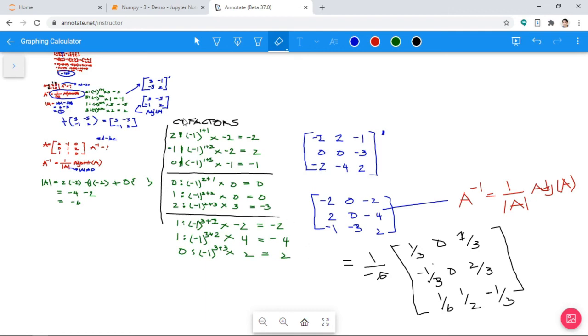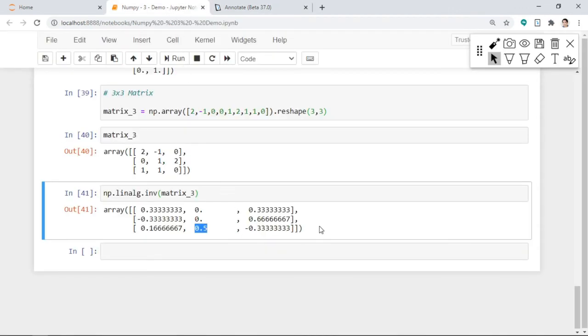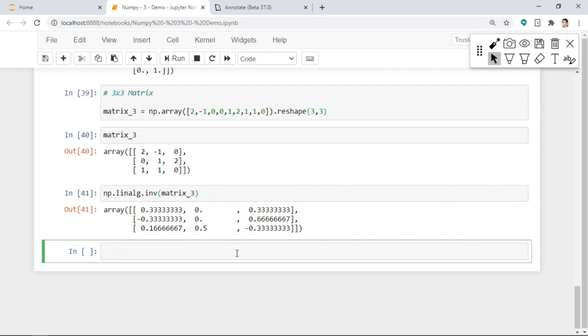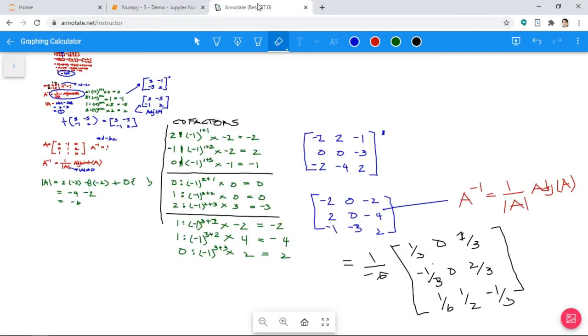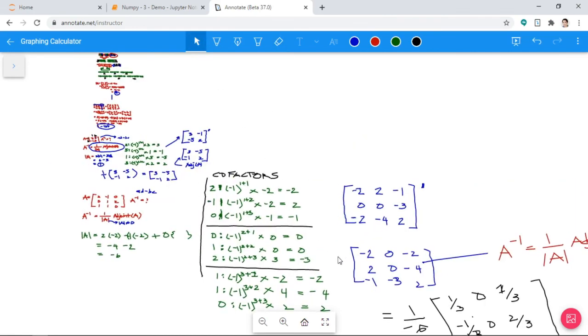computation manually versus the computation inside NumPy. For the next lecture, let's discuss NumPy universal functions. This was a very tedious lecture, with a lot of computations if we try to review it.